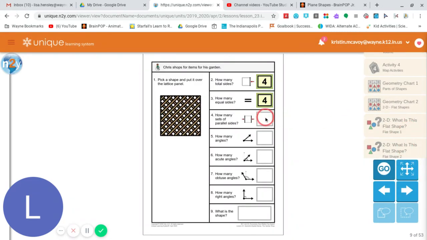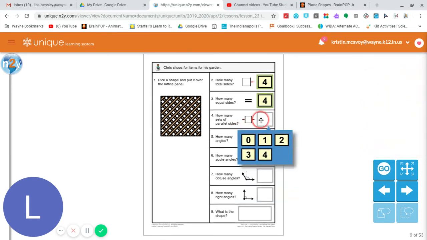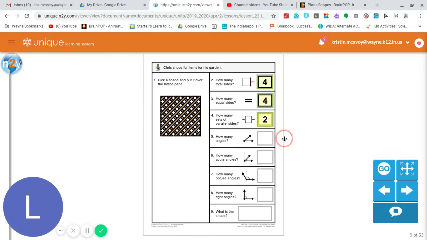So how many sets of parallel sides? Well, remember, those are sides that are equal distance apart and they're never going to touch. And I see that there are 2 sets. There's a set here and there's a set here. 2.